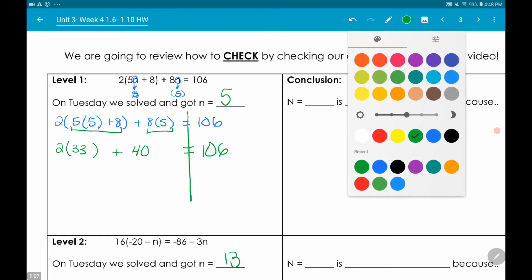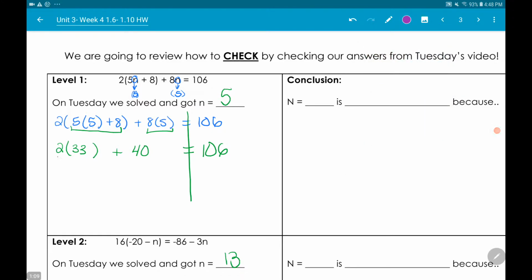All right, and then I'm just going to continue to simplify. So 2 times 6, 66, plus 40 is 106. And does that equal 106? It does. So what does that tell me?